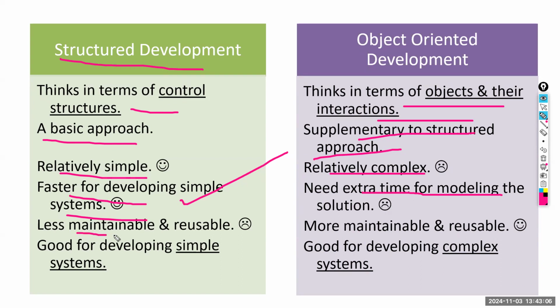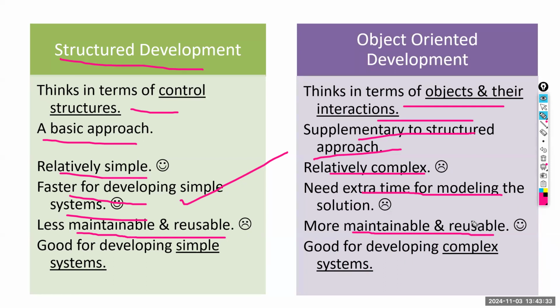But the code is less maintainable and reusable if you use the structured approach. But if you use the object-oriented approach, though it takes a little bit more time and effort, your solution is more reusable and maintainable. So that is what we need in commercial software development most of the time. Long term, we want to maintain the software, add some changes, enhancements.